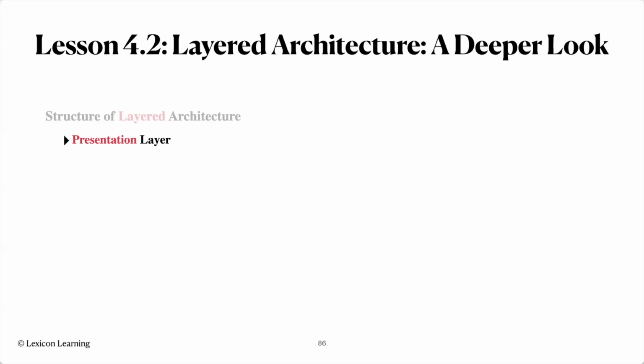And next, layered architecture. The structure of layered architectures are like this. There is a presentation layer which handles the user interface and user interactions. And there is an application or business logic layer which manages the system's core business logic or workflows.